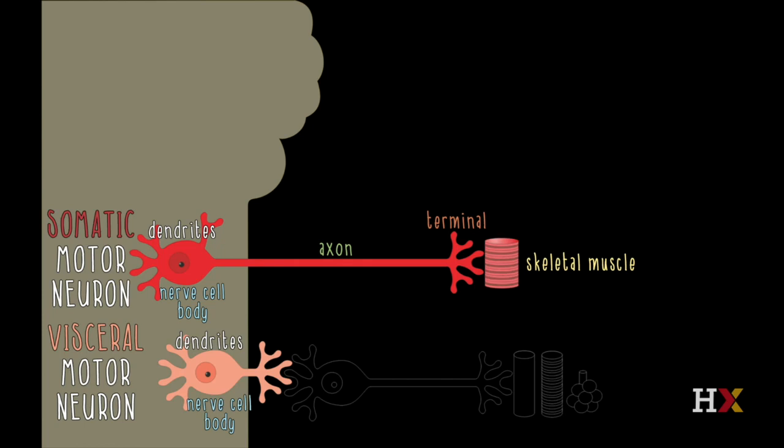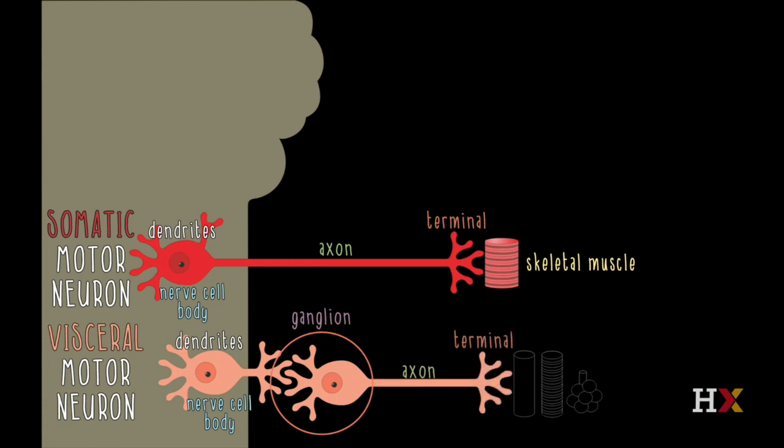So although the somatic motor neuron is a sprinter and travels relatively quickly, at the same time the visceral motor neuron is running a relay. So we have dendrites, nerve cell body, axon terminal of the first neuron in the pathway, and then the nerve cell body of the second will be in a ganglion outside the CNS. Synapse will occur there, dendrites, nerve cell body, axon terminal.